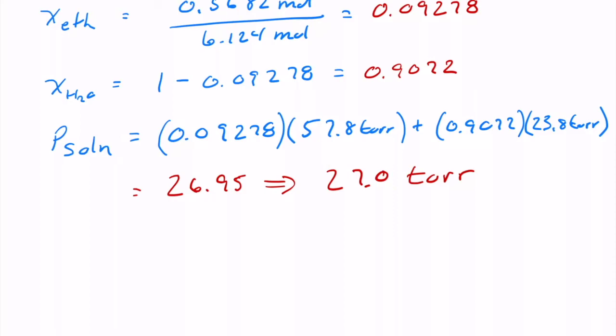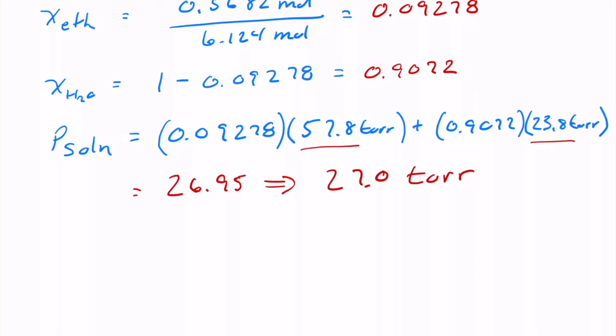Okay, so now notice that the vapor pressure of the solution is closer to the vapor pressure of water than it is to the vapor pressure of ethanol, right? The vapor pressure of pure ethanol, 57.8, the vapor pressure of pure water, 23.8 torr, and our answer being 27. So the vapor pressure is closer to water in this case because the solution contains a greater proportion of water than it does ethanol.